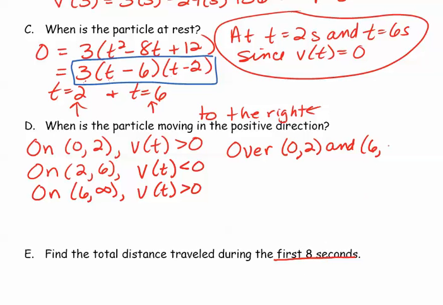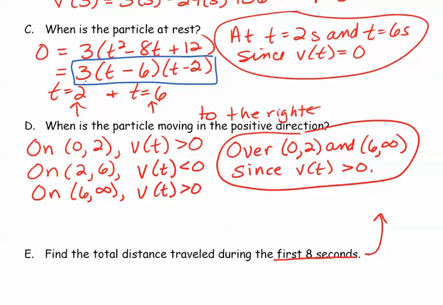So technically you could say to infinity here. If you notice that we're going to use the interval 8, you could just say 6 to 8 here. But either way, since v of t is greater than 0. So again, that justifies that the object is moving to the right when its velocity is positive.